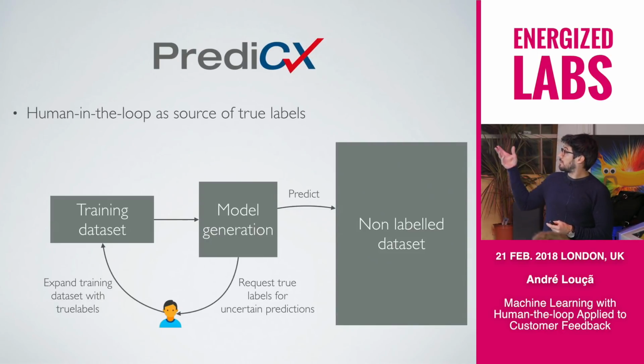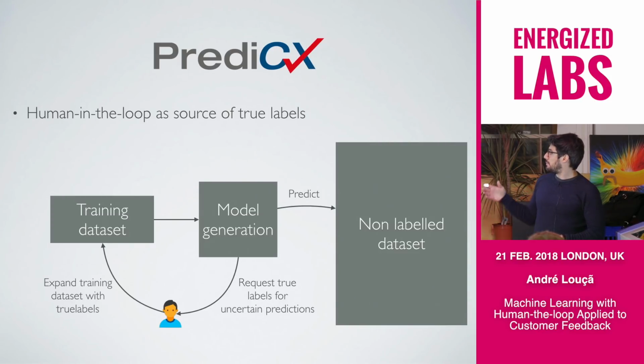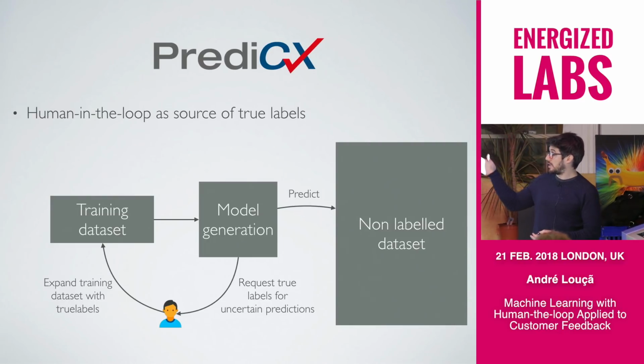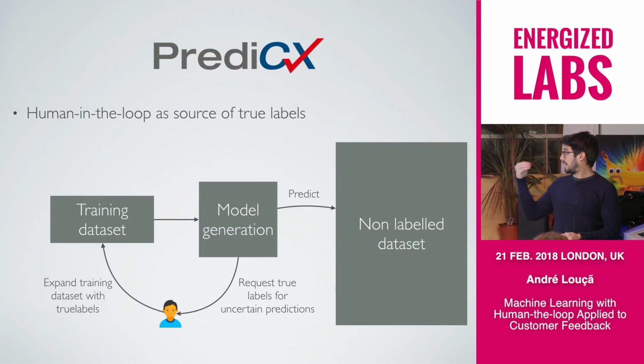So we developed a product that we call Predicx, prediction of customer experience, that's why the CX is there. And the goal was to keep a human being in the loop. This was inspired by active learning, which is a technique from machine learning. The basic idea is that you have a data set that is not labeled. You request input from a labeler for the true label.